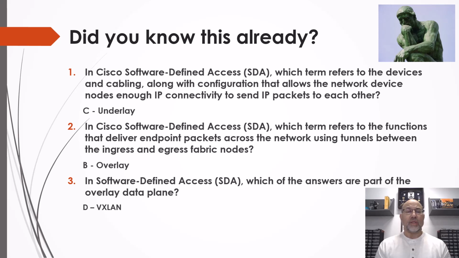Question number 2, in Cisco Software Defined Access, which term refers to the functions that deliver endpoint packets across the network using tunnels, there you go, keyword and tricky phrase, at the ingress or egress fabric nodes, and this is the overlay, B. Question number 3, in Software Defined Access, which of the answers are part of the overlay data plane, and that would be VXLAN, D.